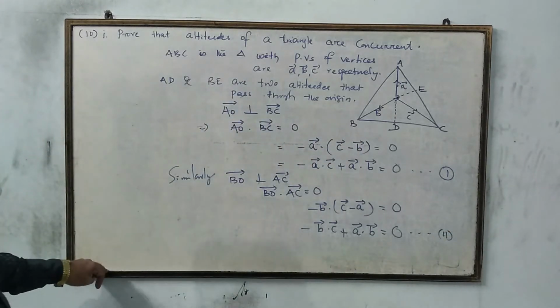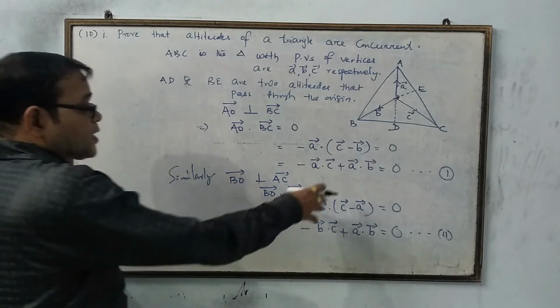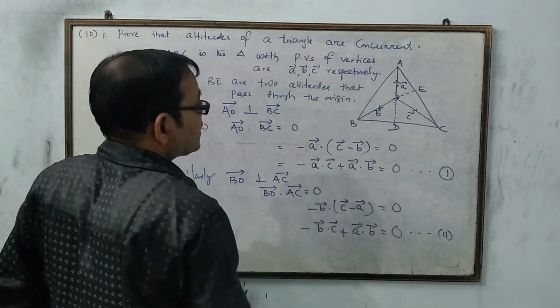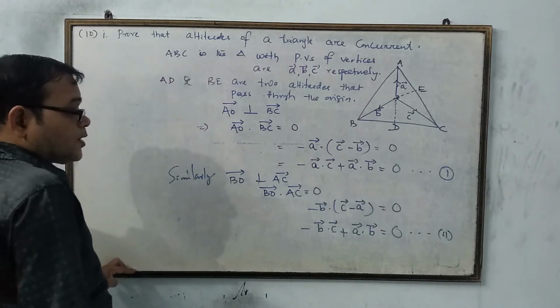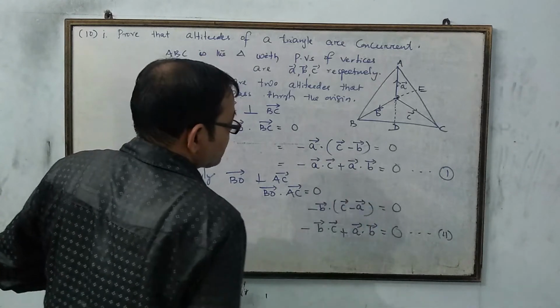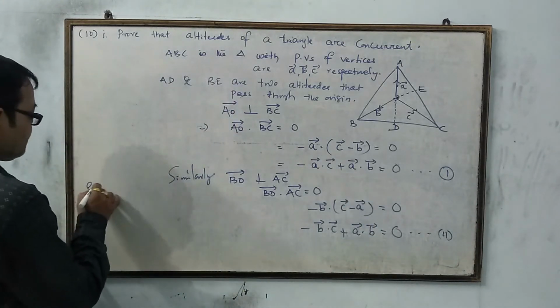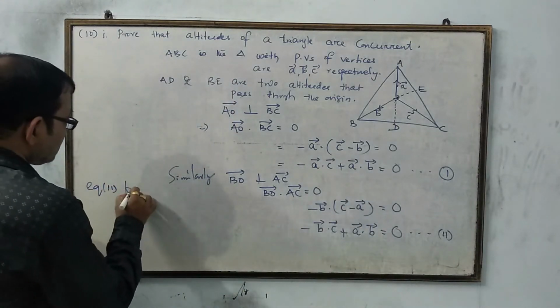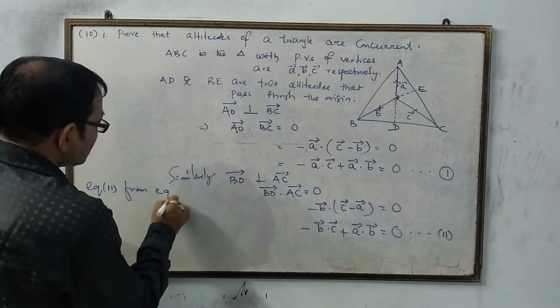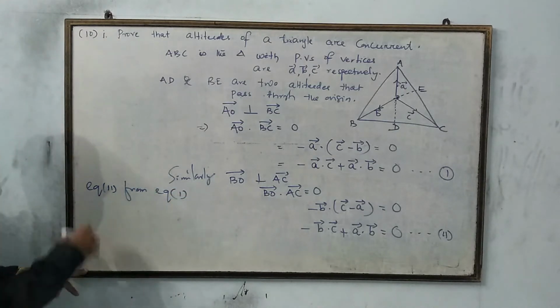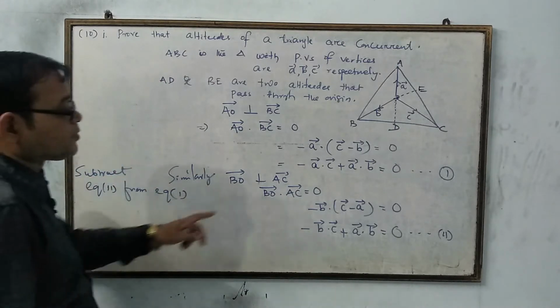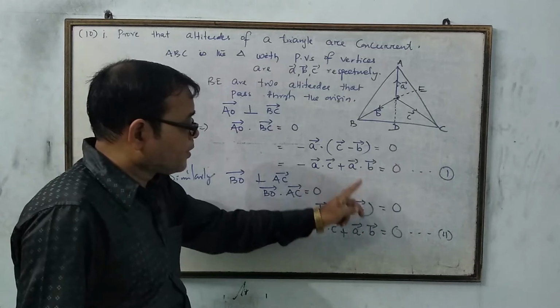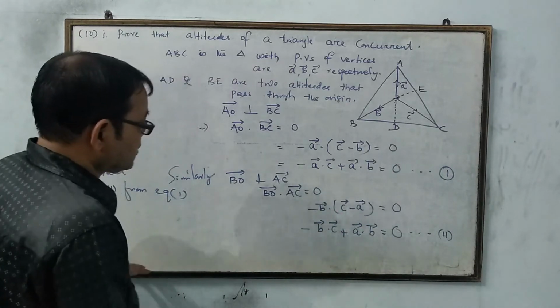Now you see, if these two conditions should be satisfied, what would be the general condition of them? If I subtract equation 2 from equation 1, then A dot B and A dot B would be cancelled.